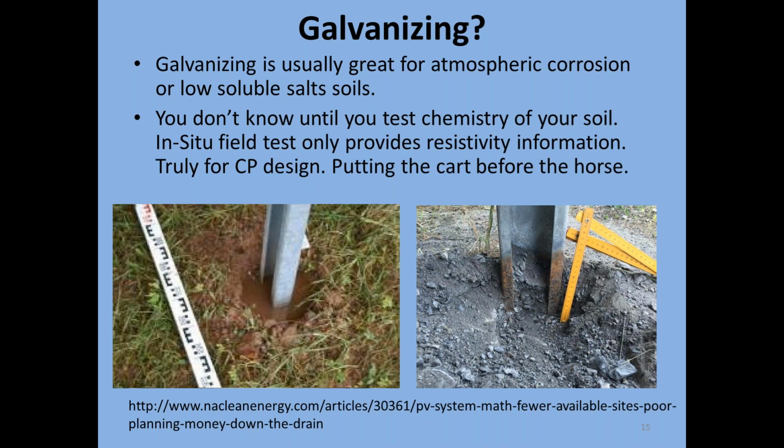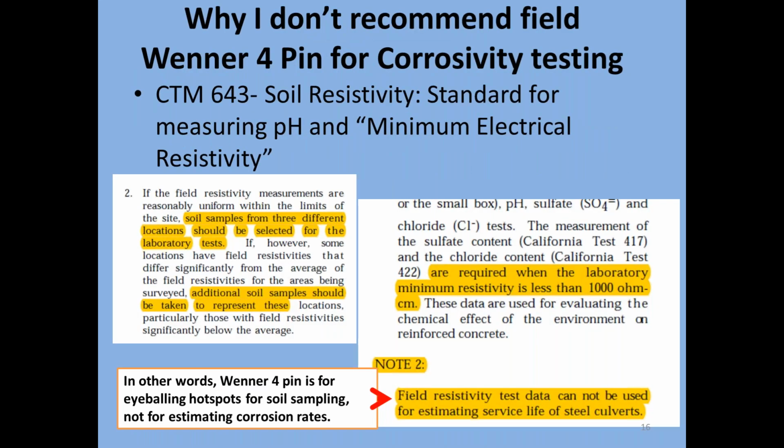And in soils, if it's very low soluble salts, very low chlorides, very low sulfates, very, very high resistivity, then you can just bury galvanized steel in something like that. But you don't know what the situation of the soil is until you test the chemistry of that soil. So there you go.